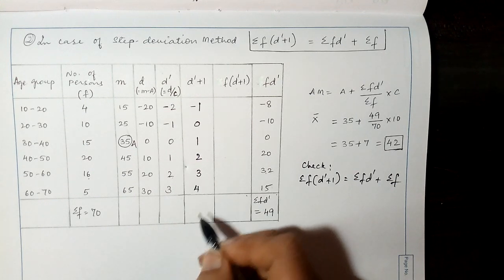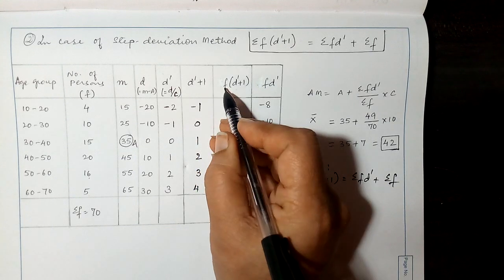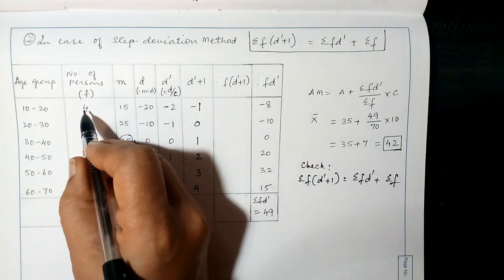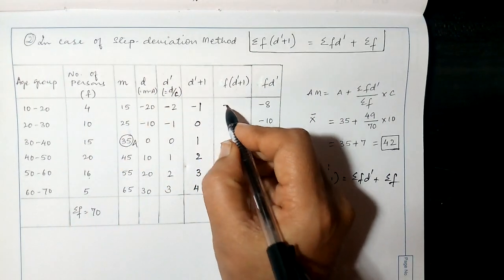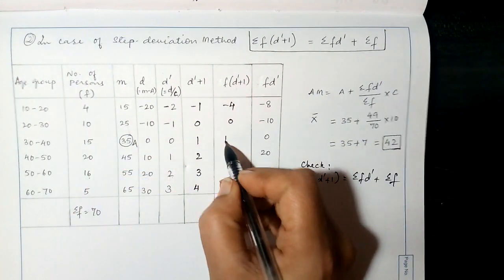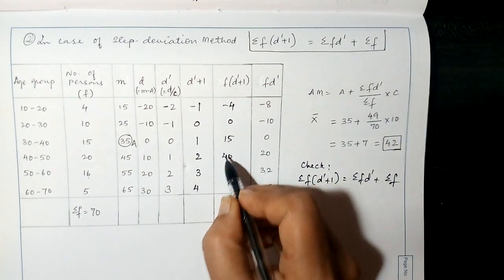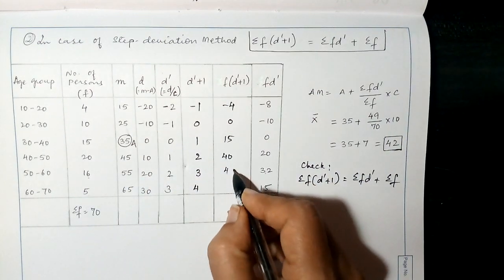Alright. Now we have to find f d dash plus 1. D dash plus 1 is already calculated. Now we know frequency is given here. So 4 into minus 1 will give us minus 4. 10 into 0. 15 into 1. Then we have 20 into 2, which is equal to 40. 16 into 3 is 48.